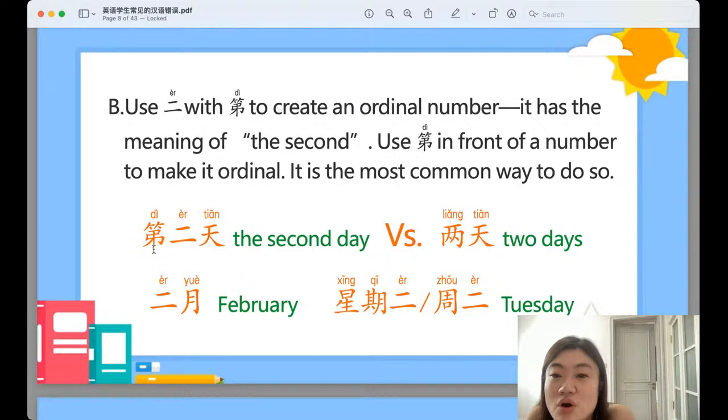Tuesday, you can either say 星期二 or 周二, because we start the week from Monday, so Tuesday is the second day of the week. 星期 is the week, 二 is two, so 星期二 is Tuesday. 周二 is also Tuesday.